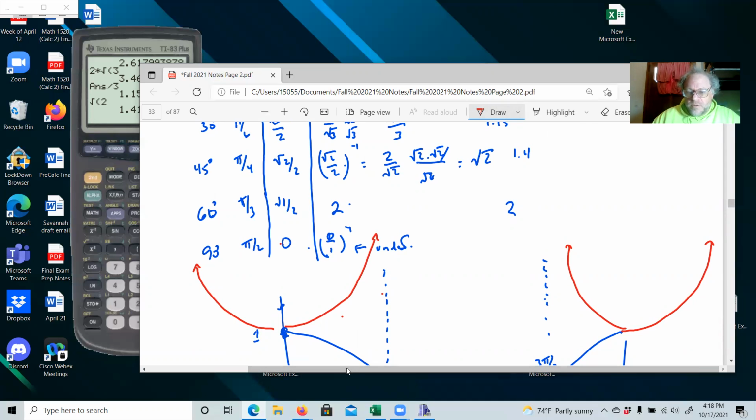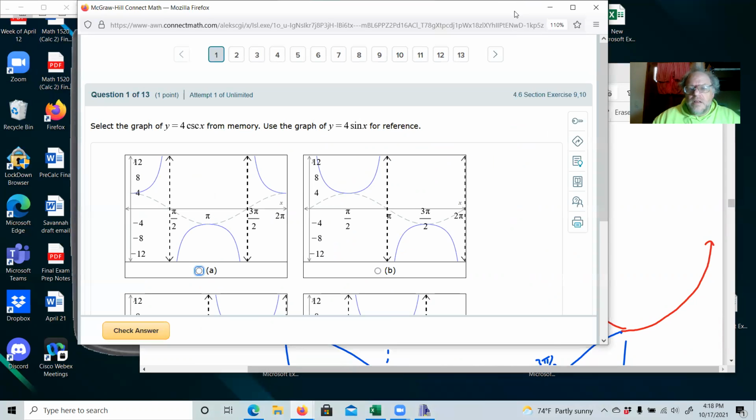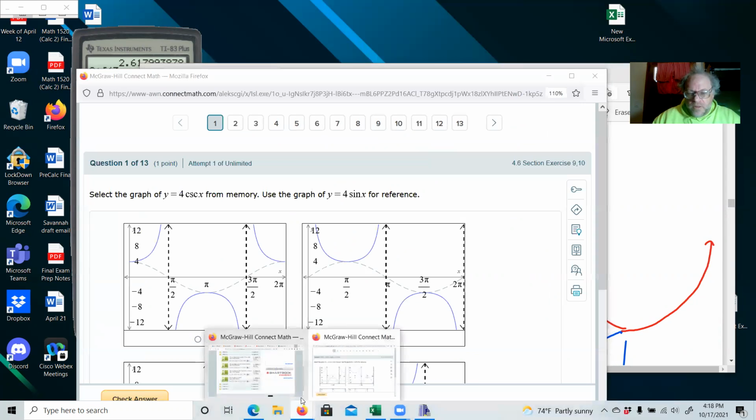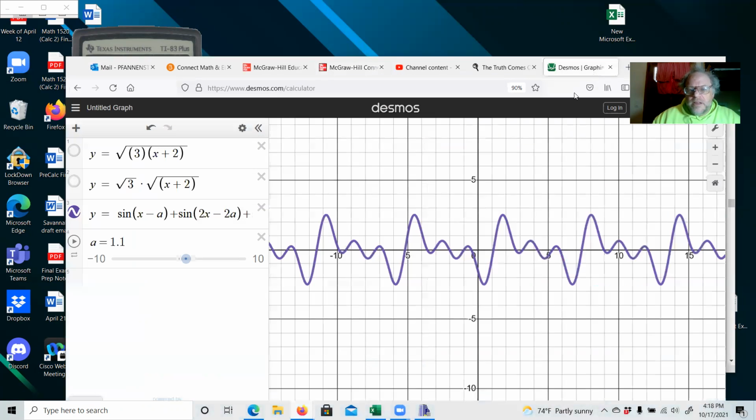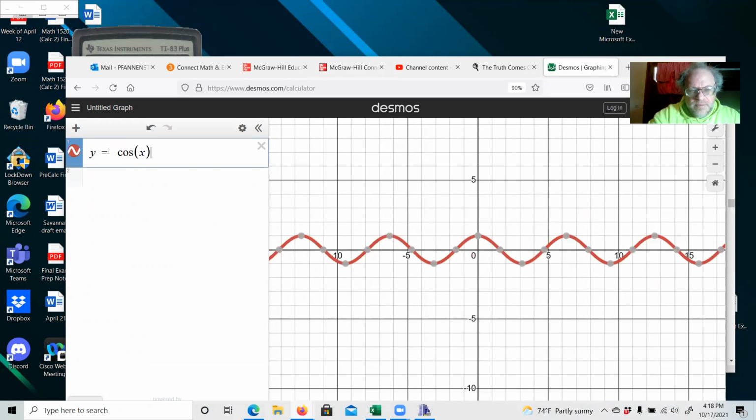Okay, so what I'm going to do is turn our page to the other guy. Desmos. Okay, let's click off of all of this. Okay, so we're going to say y equals cosine x.